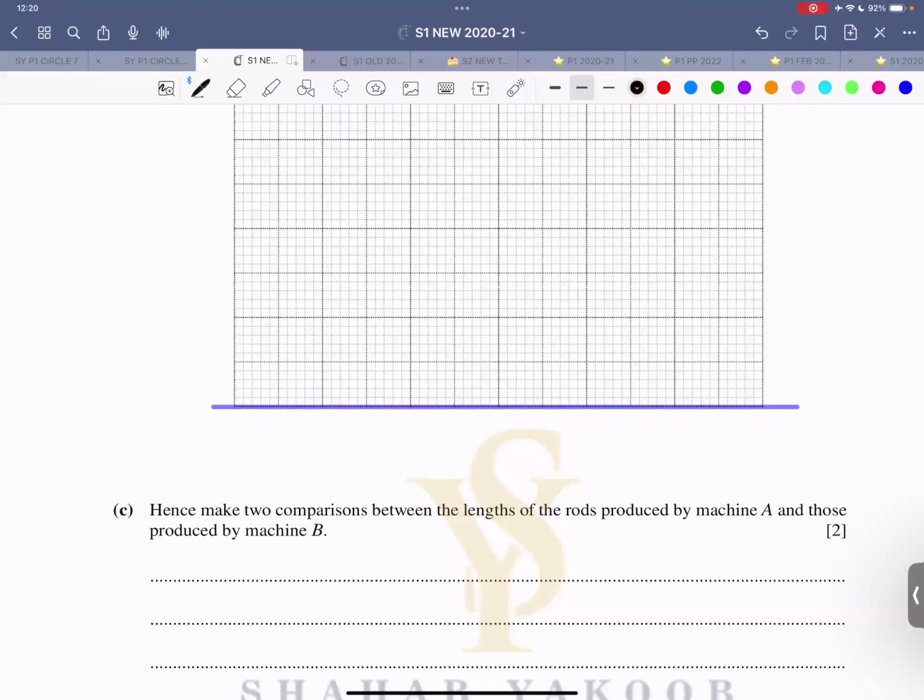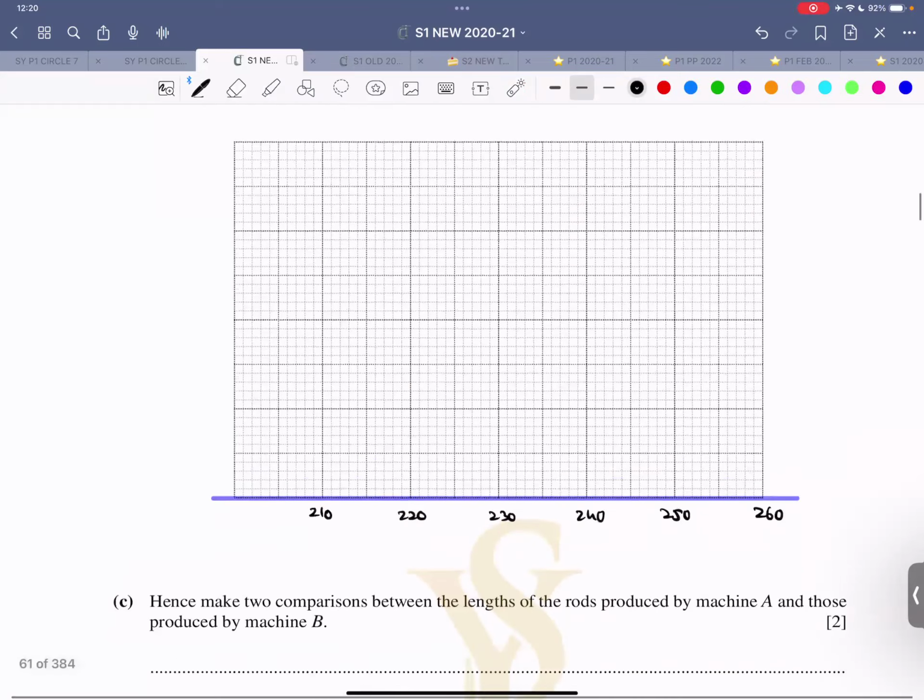If I choose this as 210, this is 220, 230, 240, 250, 260. I think this is good. So always double check before you write it. You can place the decimals later on.